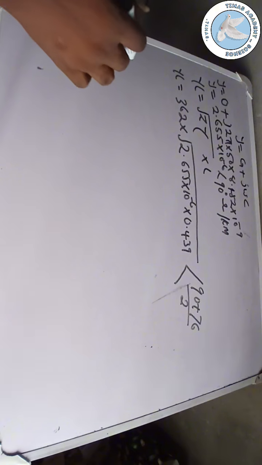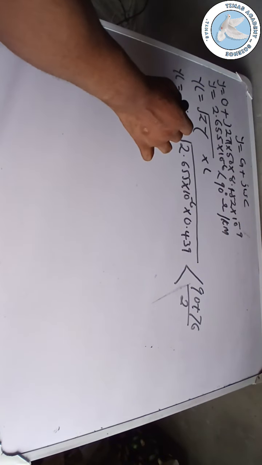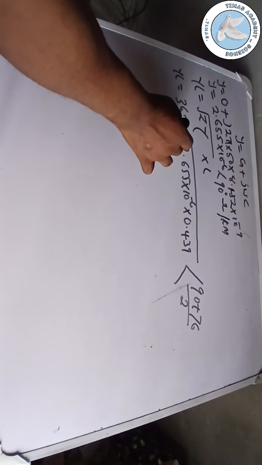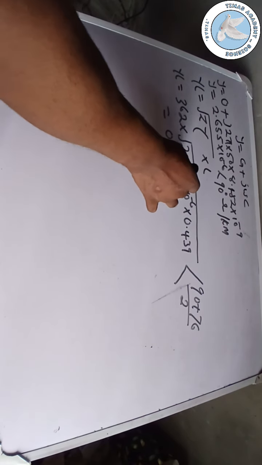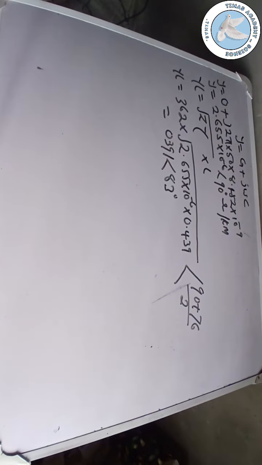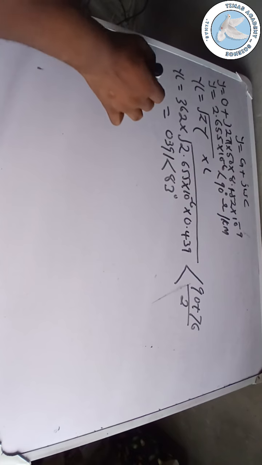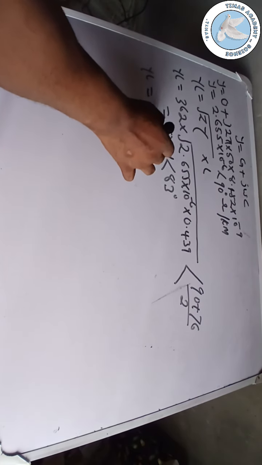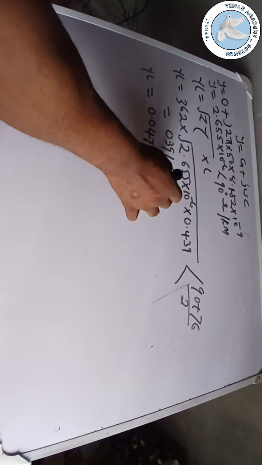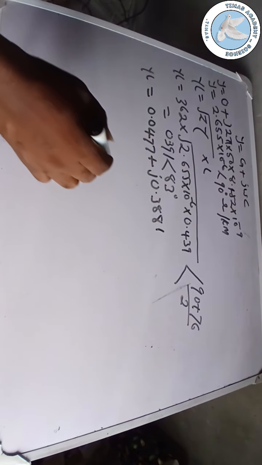So by doing that, you use your calculator, and you're going to have in polar form 0.391, and the angle is 83 degrees. So we can express this as 0.0477 plus j0.3881.